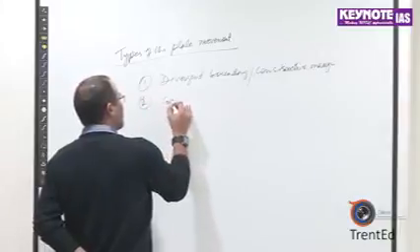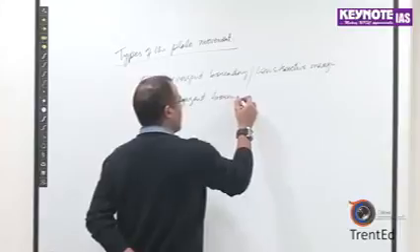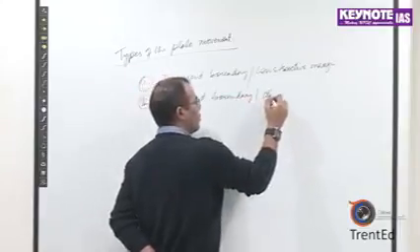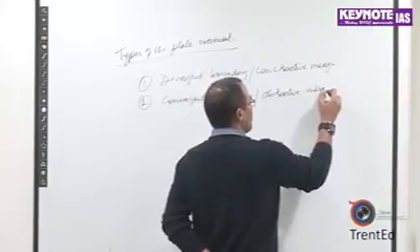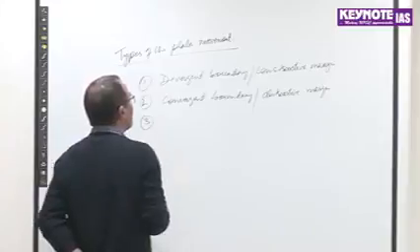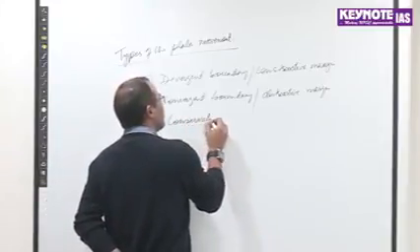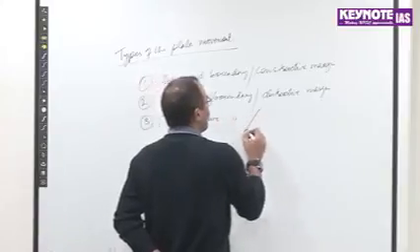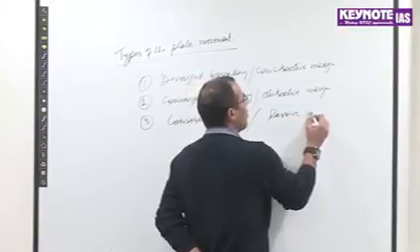The second is the convergent boundary, or destructive margin. And third is the conservative boundary, or passive margin.